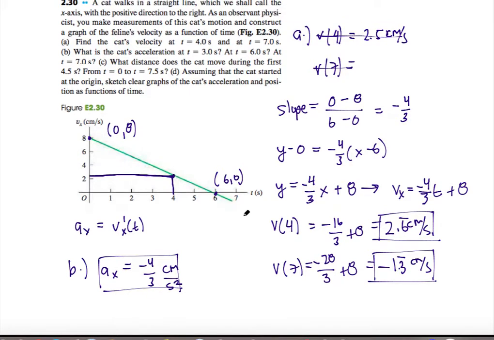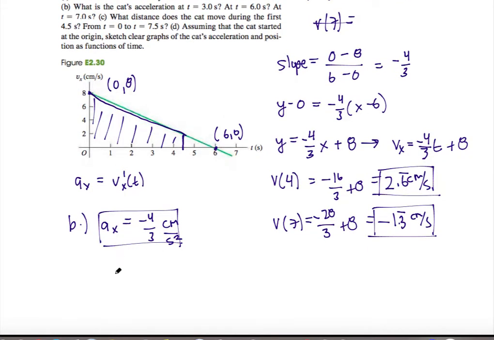Now C asks us to find the distance that the cat moves for 4.5 seconds. So this is a little more interesting. So I'm actually going to want to look at my graph again, and I'm going to want to find the slope, I'm sorry, not the slope, the area for this section of my graph.